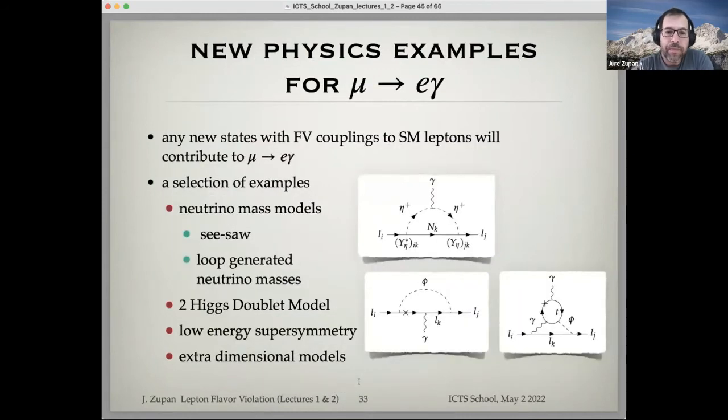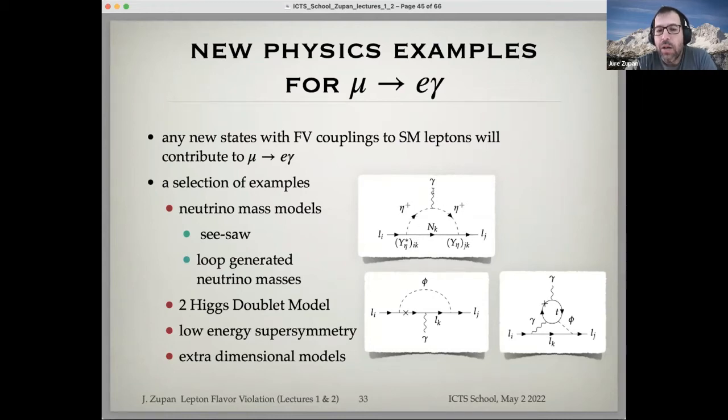All right, so how common is this? Basically any new physics state that has a flavour violating coupling to standard model leptons will necessarily contribute to mu to E gamma, because we start with a charged particle, mu minus, and we end up with E minus here. So in this loop, there have to be charged states running in the loop.